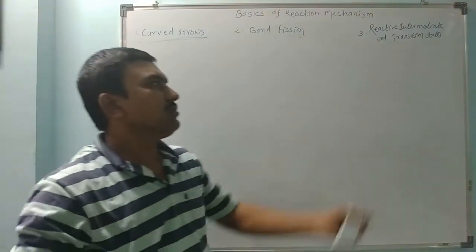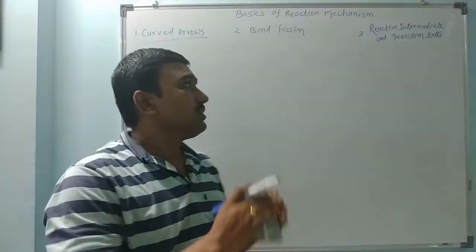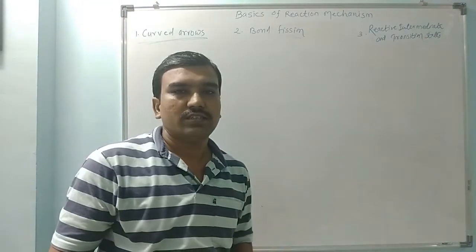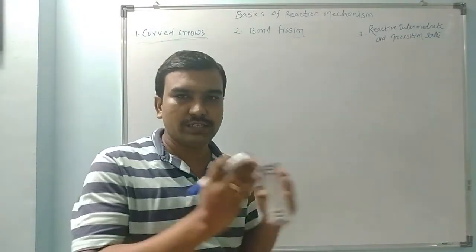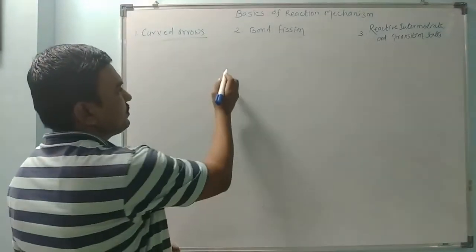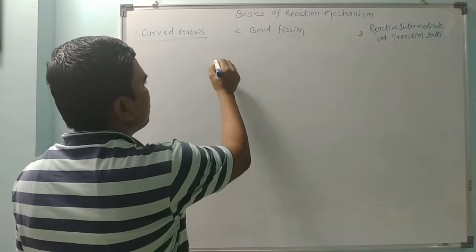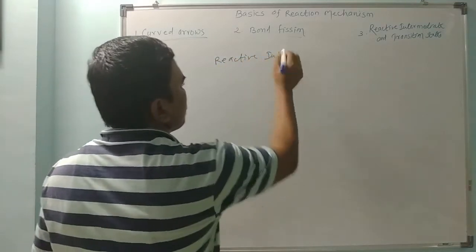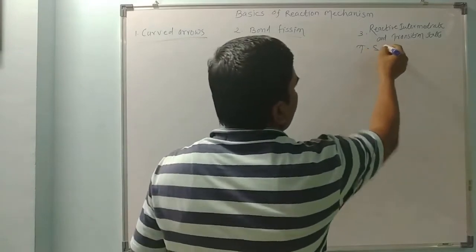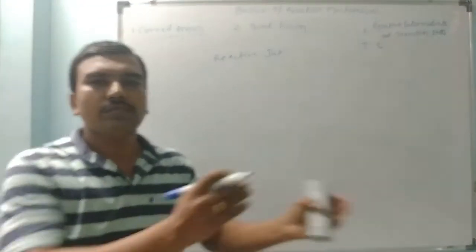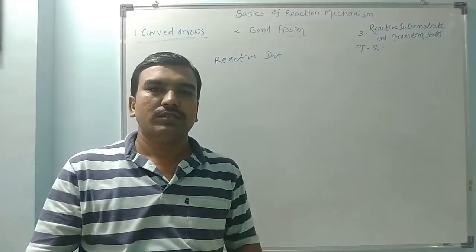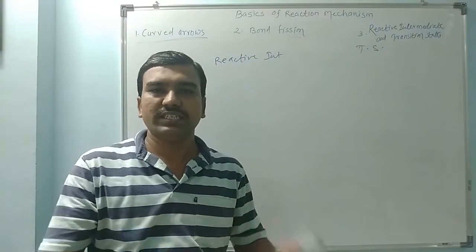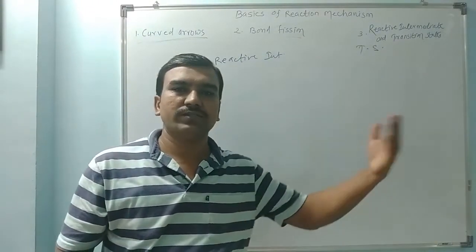Now the next part we have to see is how to distinguish between reactive intermediates and transition state. How can we differentiate reactive intermediates and transition state? In an earlier video we have seen different intermediates, their formation and stability, such as carbocation, carbanion, free radical.